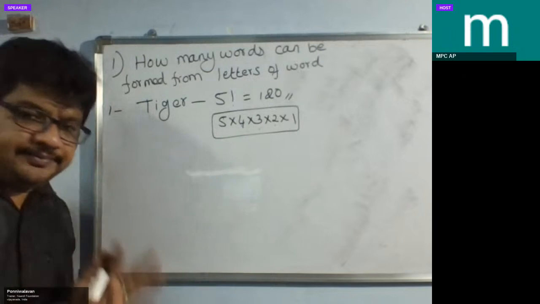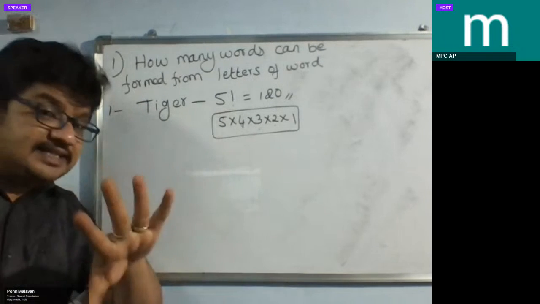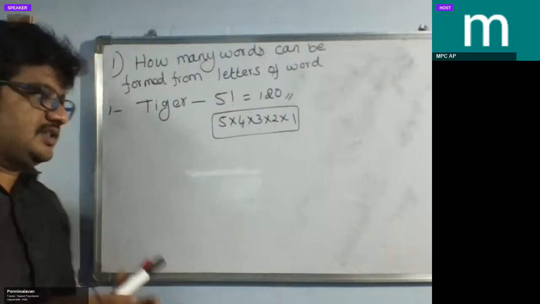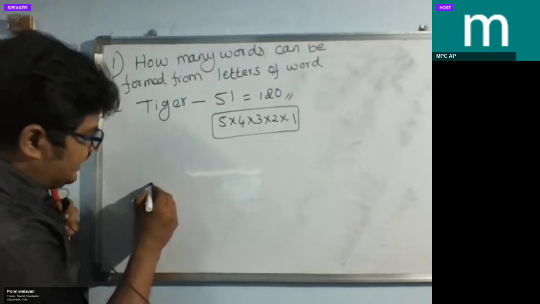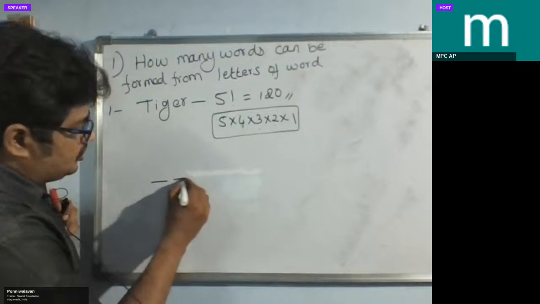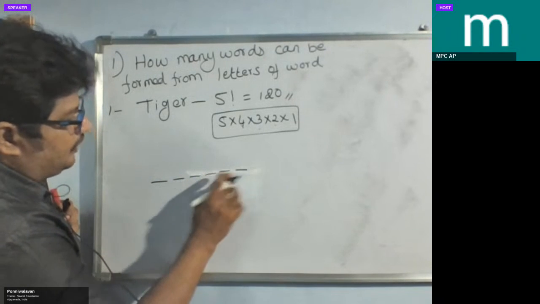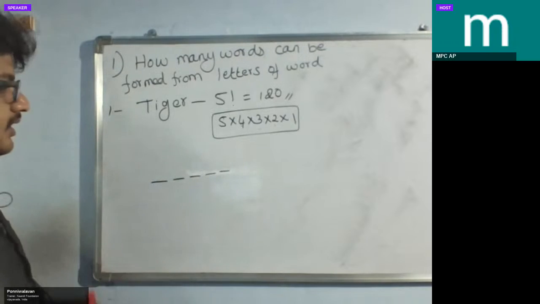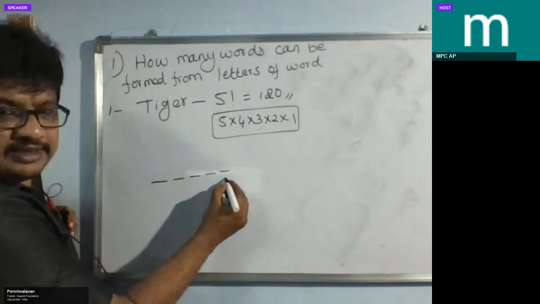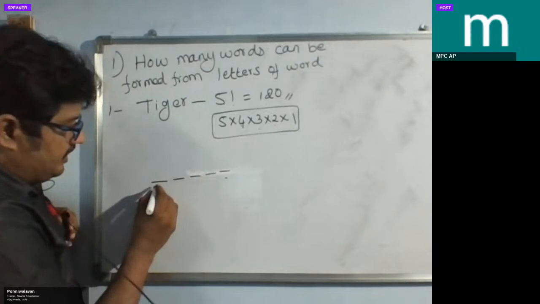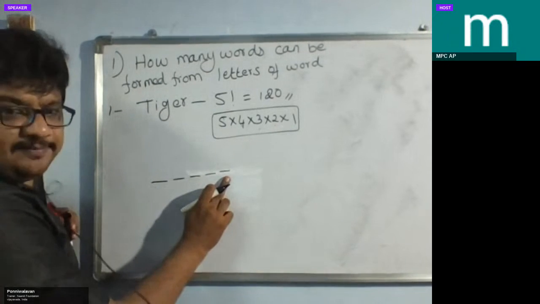Sir, is it the only method? Listen, I will explain a few more things. So how many letters? 1, 2, 3, 4, 5. Shall we start from here? If we start from here now, listen.